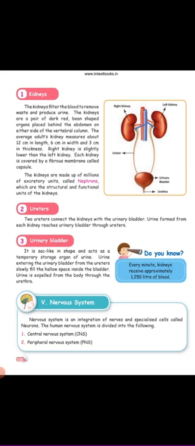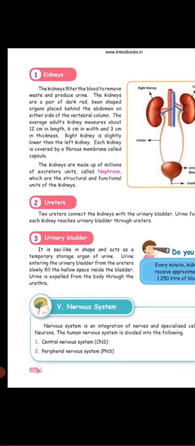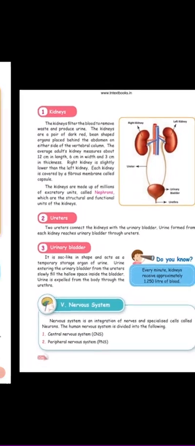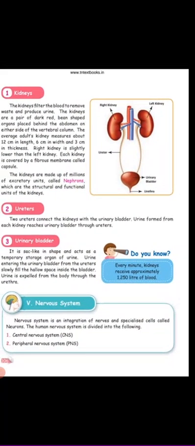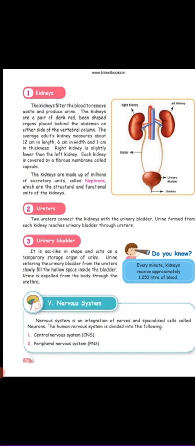So this is the excretory system. The three main parts of the excretory system are the kidneys, ureters and urinary bladder.